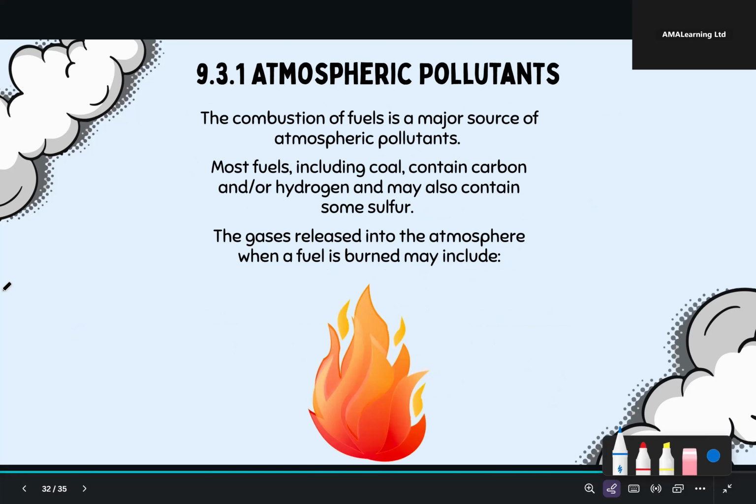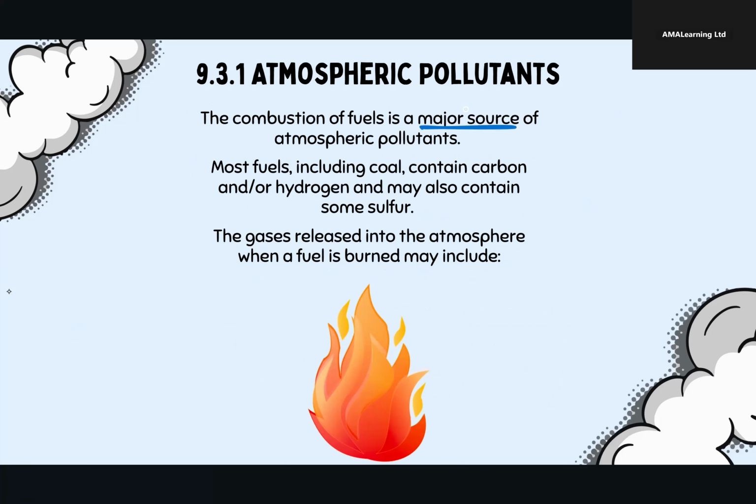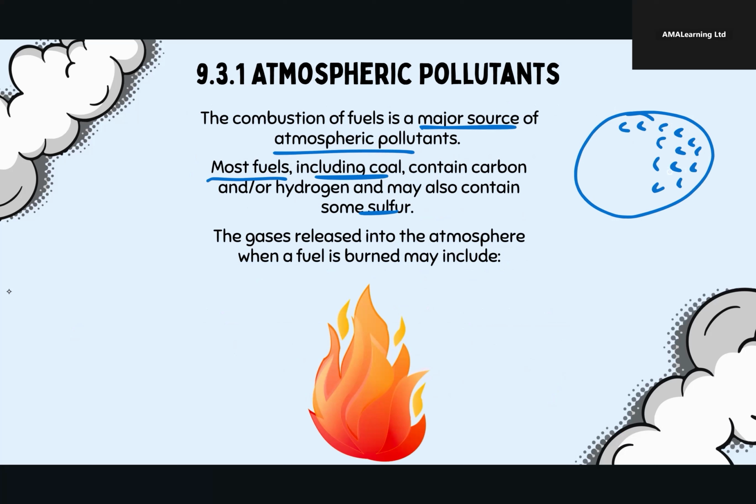Atmospheric pollutants. So the combustion of fuels is a major source of atmospheric pollutants. Most fuels, including coal, contain some sulfur. So if you've got your lump of coal, now this is an allotrope of carbon, meaning it is made of carbon. But within there, you find some sulfur, parts per million.